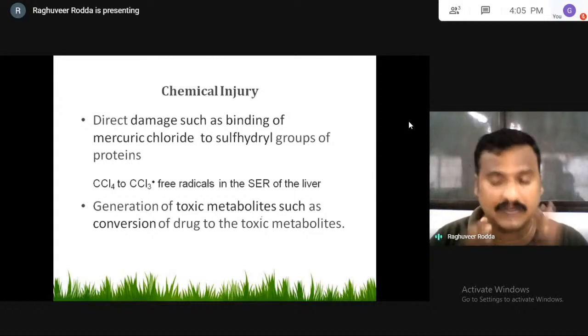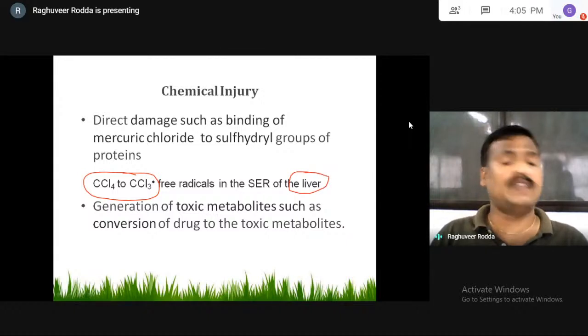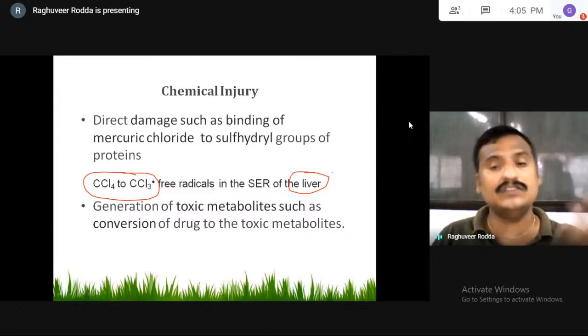Another best example to understand is the damage of the hepatocytes by carbon tetrachloride. It is a very classic example of chemical induced injury.